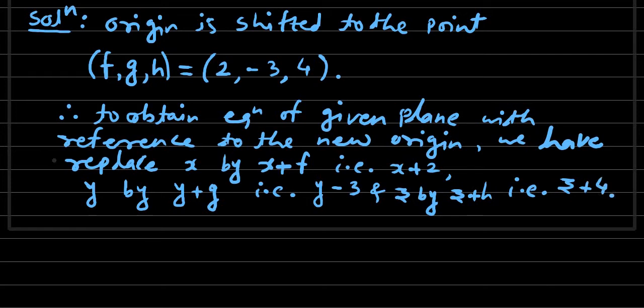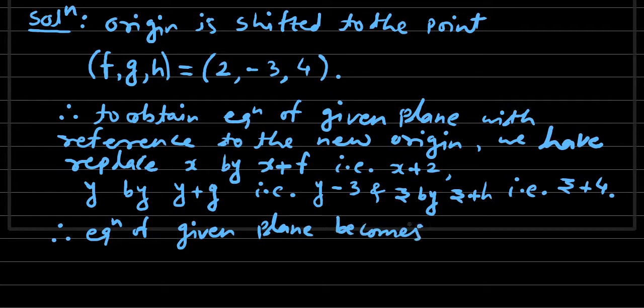So therefore we will get the equation of the plane. Therefore the equation of the given plane becomes, the equation of the plane was given as 2x plus 3y plus 4z equal to 7.